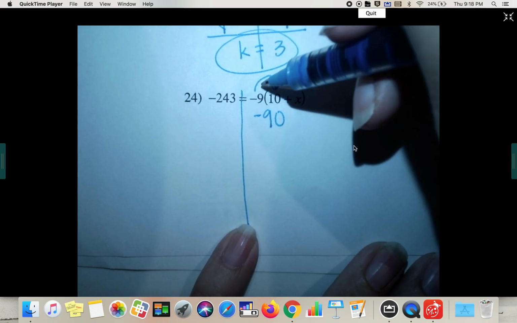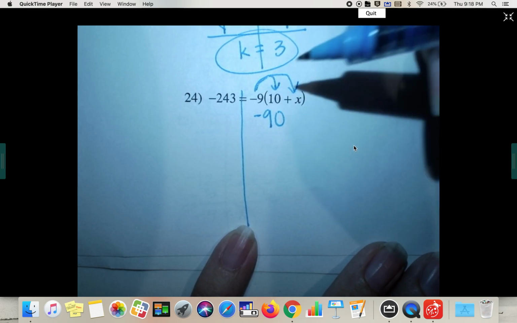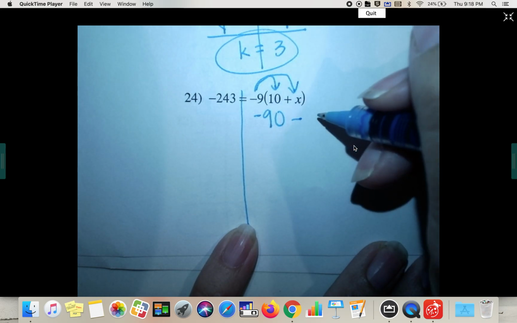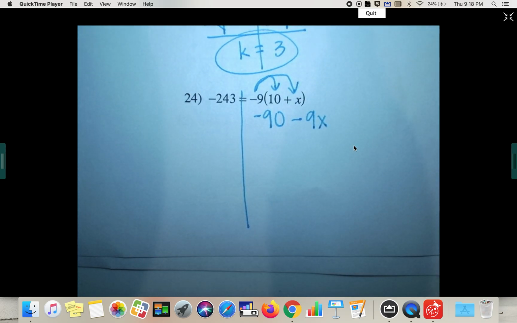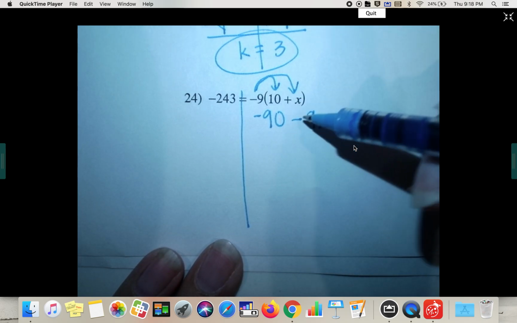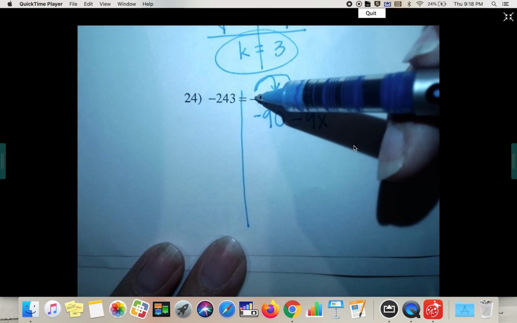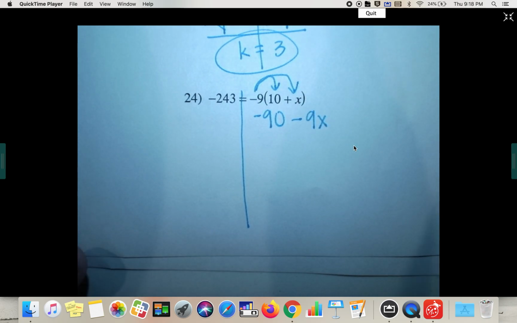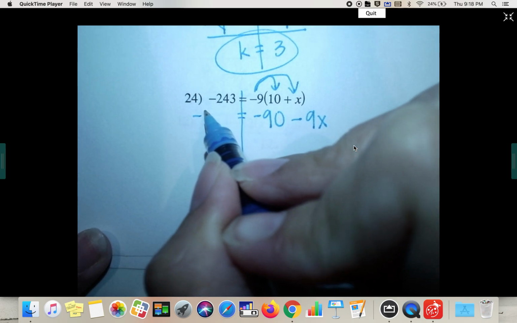Negative 9 times positive x. Negative times positive is going to be negative. 9 times x is 9x. All right, don't just bring down a plus because it was here and you bring it here. That's wrong. You're multiplying negative 9 times positive x, so negative 9x. All right, on this side, negative 243.